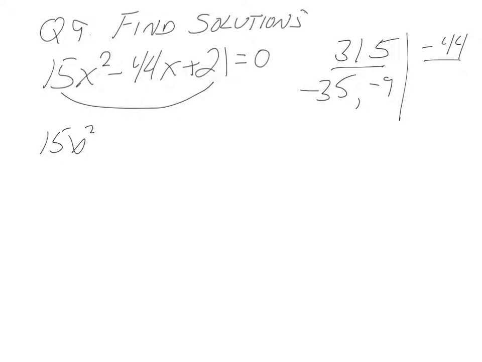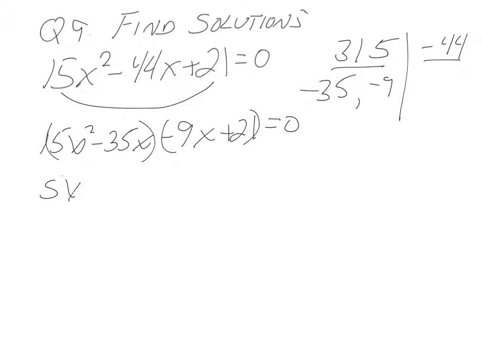15x squared minus 35x minus 9x plus 21 equals 0. We pair off the terms and factor out for each term the greatest common factor. So the greatest common factor between 15x squared and negative 35x would be a 5x, leaving me with 3x minus 7.